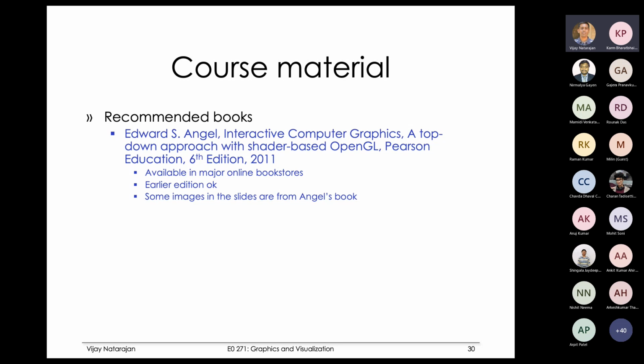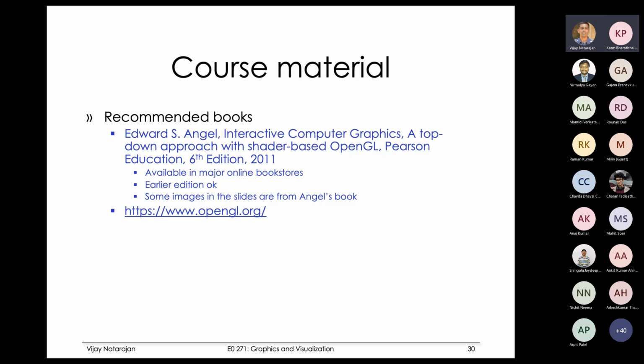This is still available in many bookstores and Amazon and so on. Earlier editions are also okay. Later editions are fine, but they do talk about the browser-based graphics called WebGL, so there will be some differences between that and what we cover in the class.